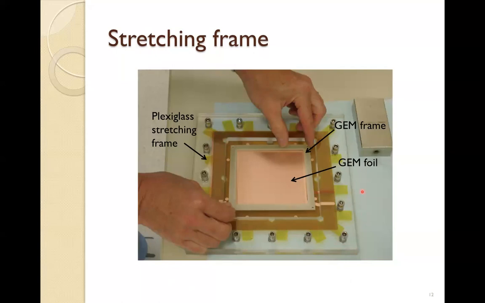Using these screws, we mechanically tighten the gem, and then we just apply heat to increase the temperature, and because of the increase of temperature and the different expansion coefficients of Kapton and this glass epoxy material, there will be a stretching kind of effect.